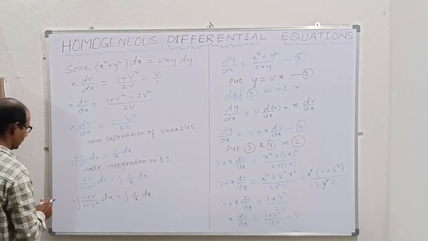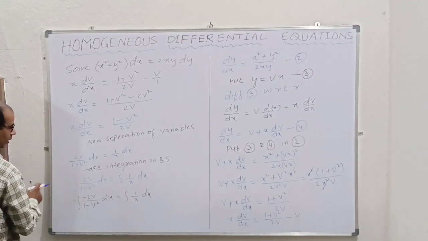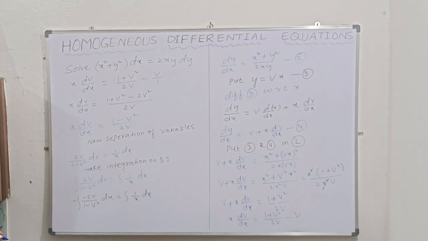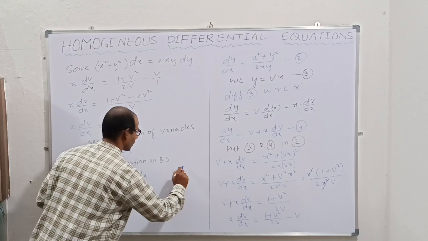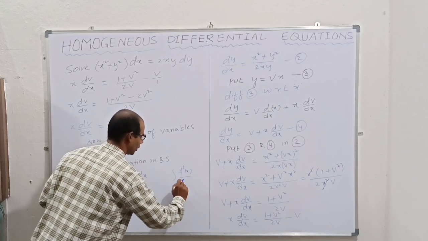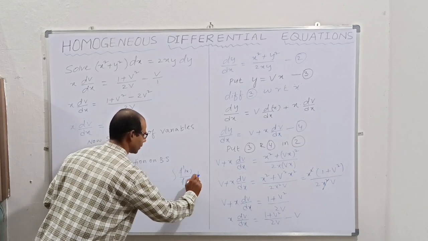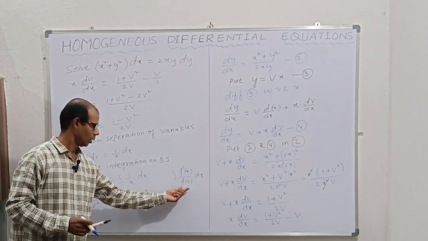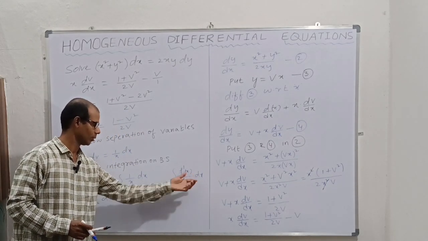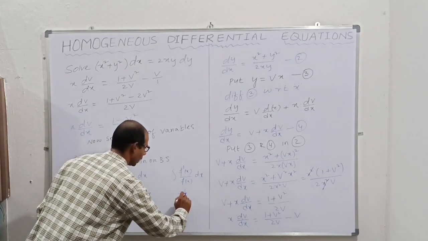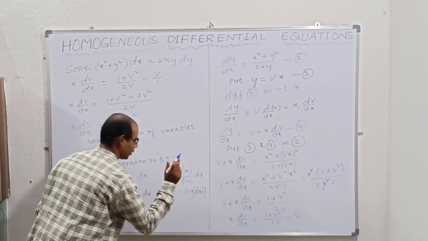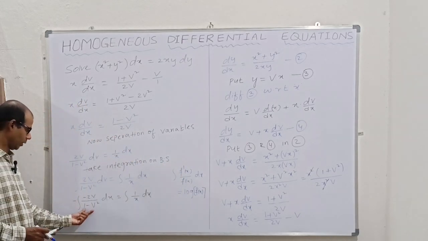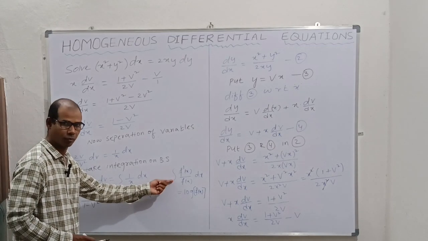So now the derivative of the denominator is in the numerator: integration of f dash of x upon f of x dx. So the denominator's derivative is in the numerator, so then we have log f of x, log denominator, right? So here the derivative of 1 minus v square is minus 2v, so it is present in the numerator, so we will use this formula.